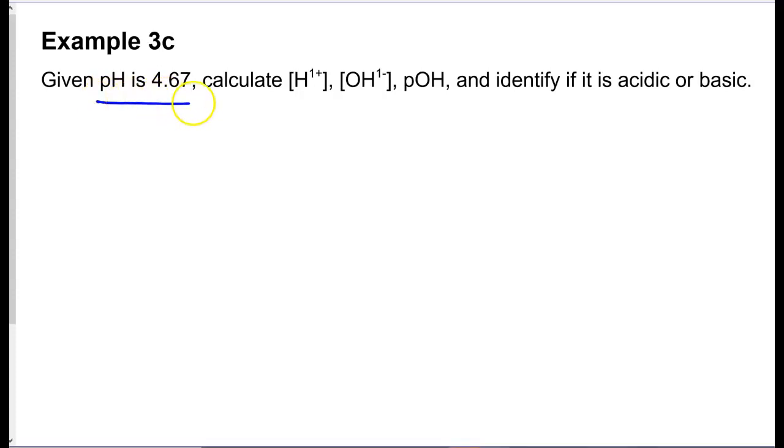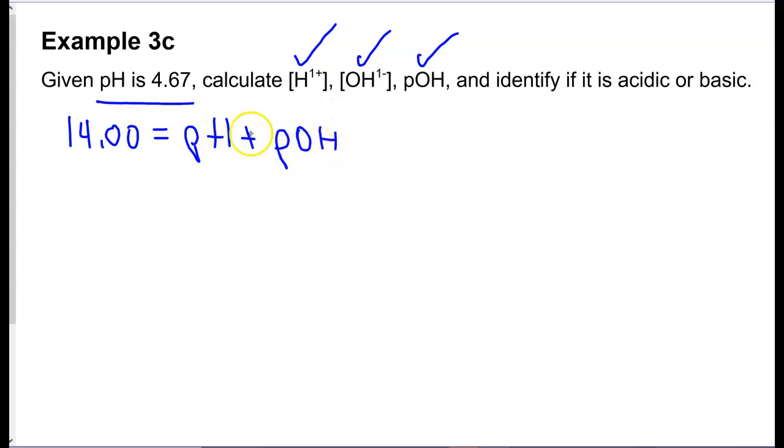We're given pH, and I want to get H plus, OH minus, and pOH. If I was doing this problem, I'd start with getting pOH first. Again, there's all kinds of methods you can do. We know 14.00 equals pH plus pOH.